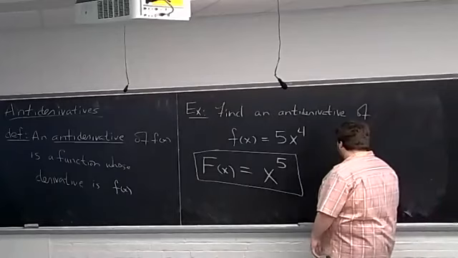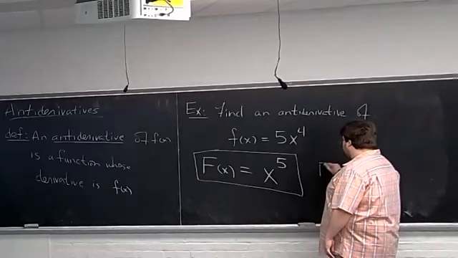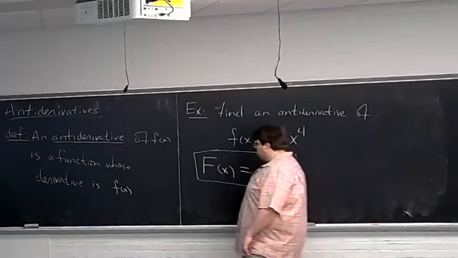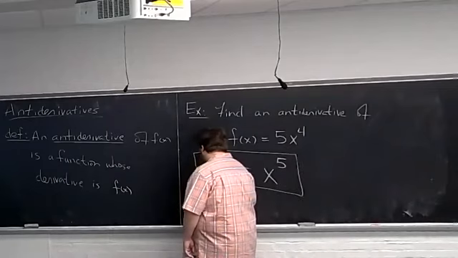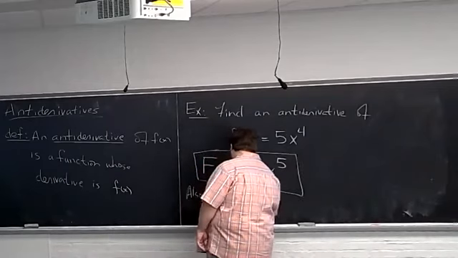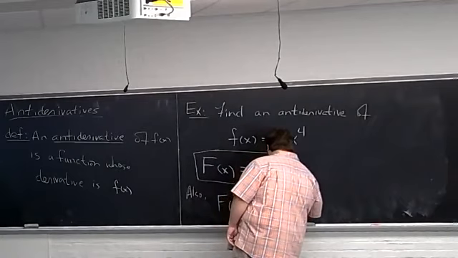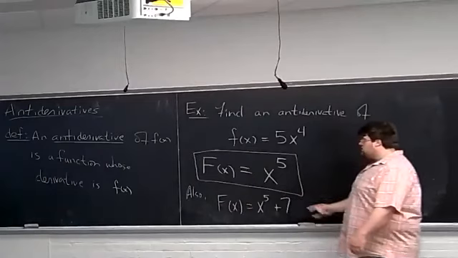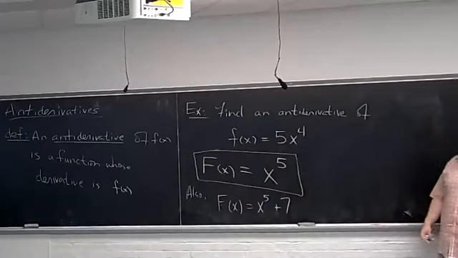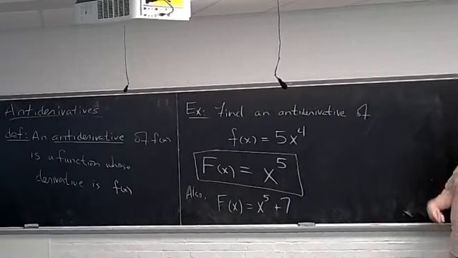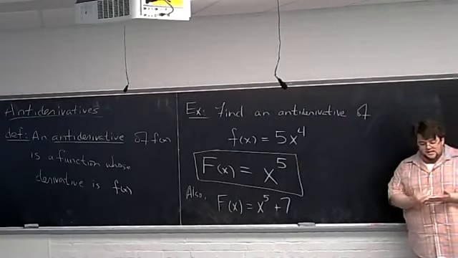There are many answers. You could have taken capital F of x equals x to the fifth plus 7. The derivative of that is 5x to the fourth. And you can see that that 7 could have been any constant because the derivative of any constant is 0.